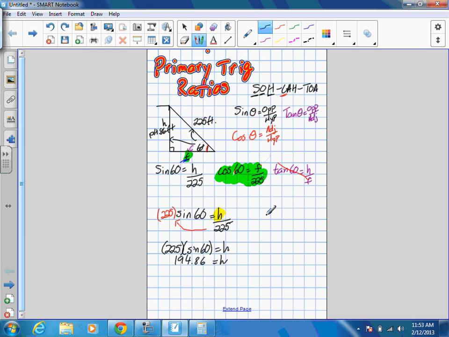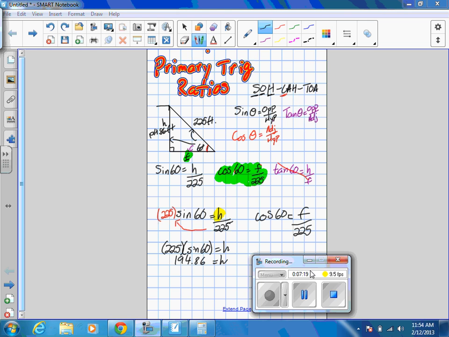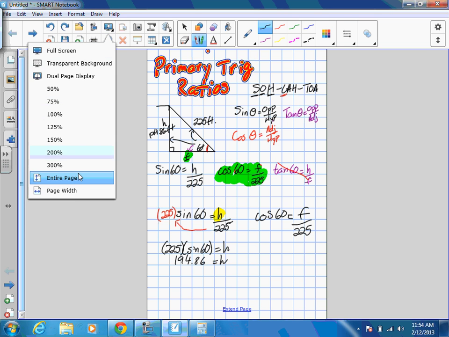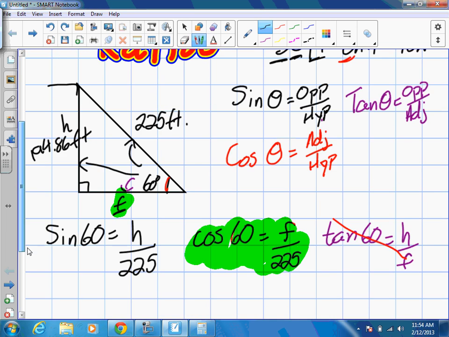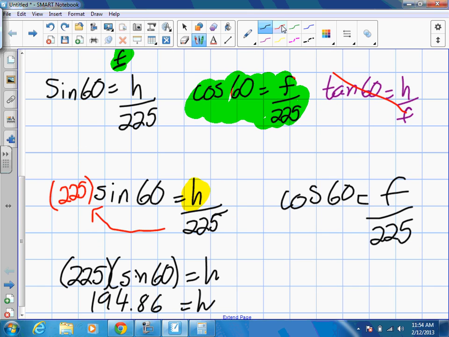Cos 60 equals f divided by 225, and I'm going to zoom in again. How would I move that 225 to the other side? That's right. Just like we had done before, we're going to multiply. Let's scroll down. In order to move that 225, it's the exact same operation as we've done with sine.